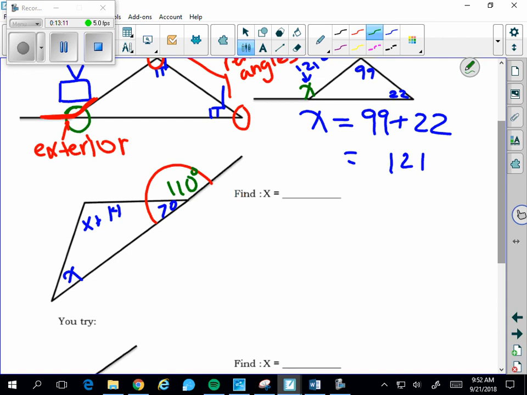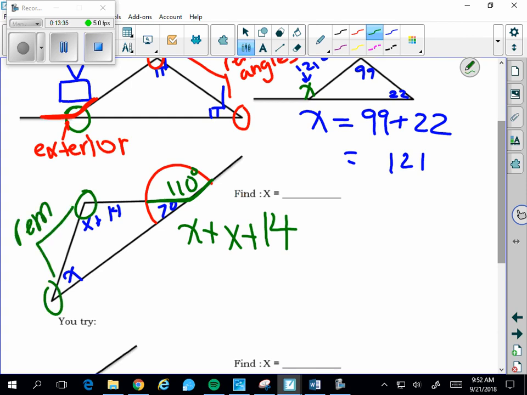Because in order to use the exterior angle theorem, that's the angle that I want. That's what I want to look at. So okay, I got that now. And now what I want to do is use my exterior angle theorem. I want to say x plus 14, my remote angles, the sum of those is equal to my exterior angle, 110.